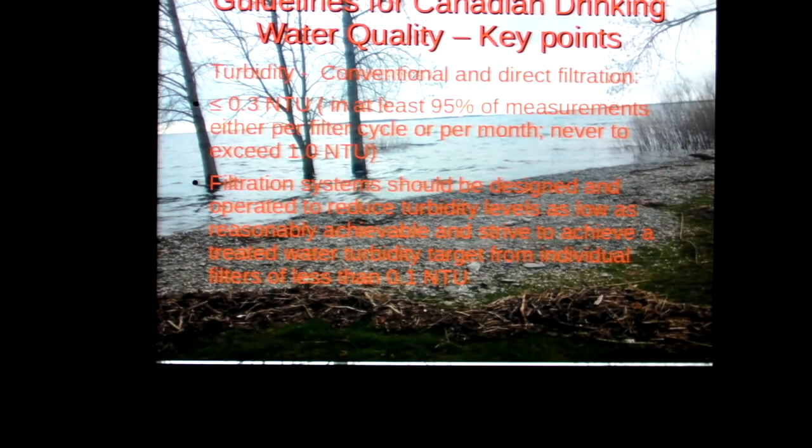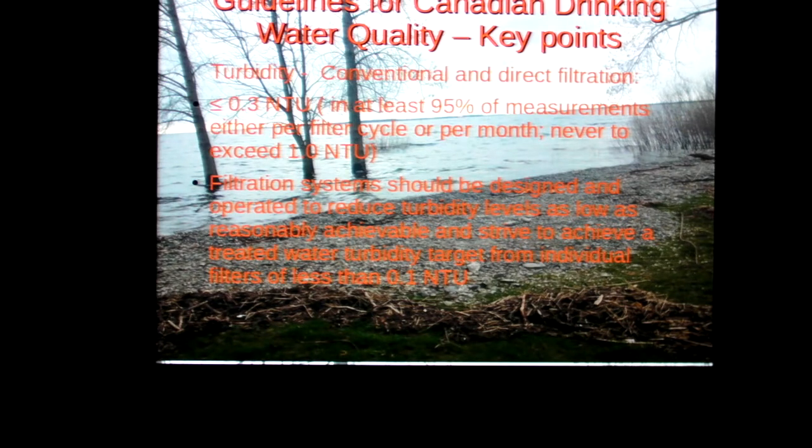Guidelines for Canadian drinking water quality, key points. Turbidity, conventional and direct filtration: less than or equal to 0.3 NTU in at least 95% of measurements, either per filter cycle or per month, never to exceed 1 NTU.